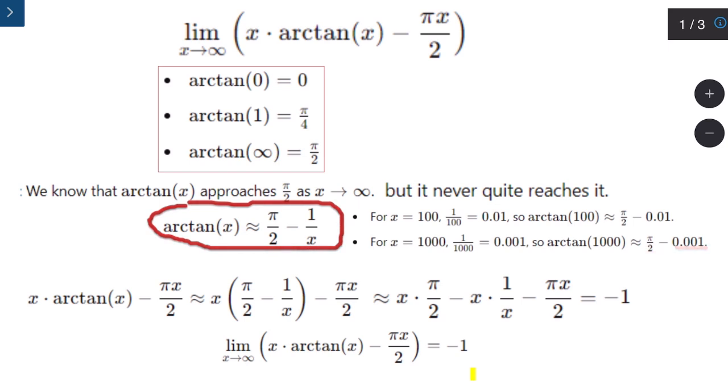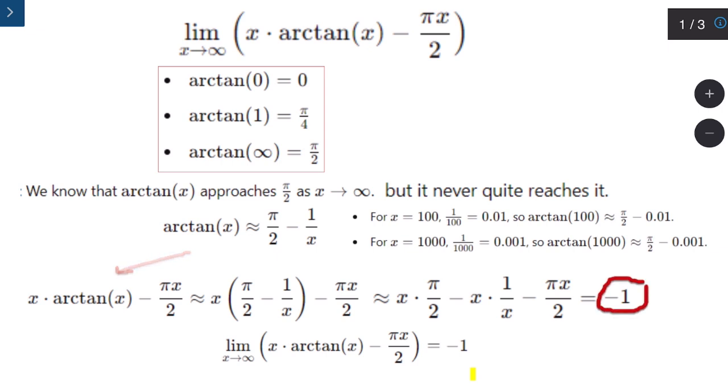From there it will be very easy. Just replace this with pi over 2 minus 1 over x. It is regular algebra, and it will give you this, and you calculate the limit of all this.